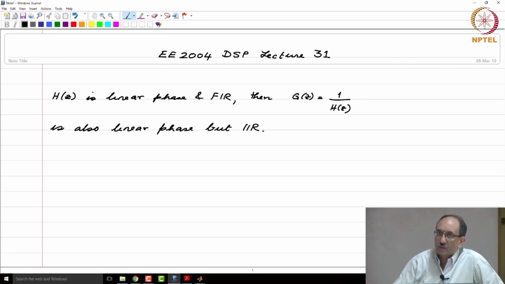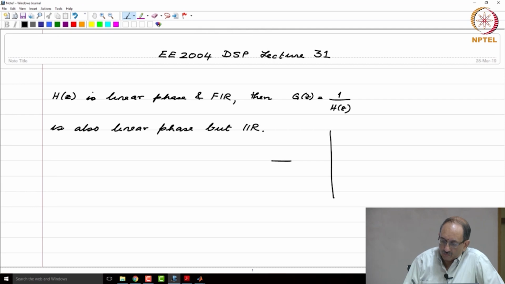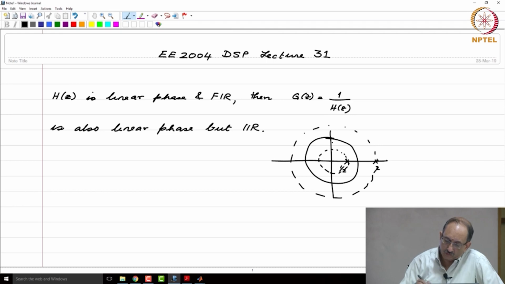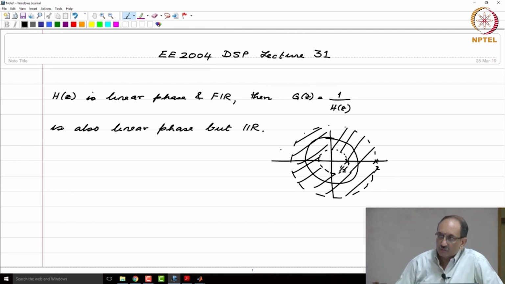So, in this case the filter is no longer causal, all right. Therefore, if you had a filter with poles like this, say this is half and this is 2, and this is exactly linear phase and also stable if the region of convergence is this annular region.